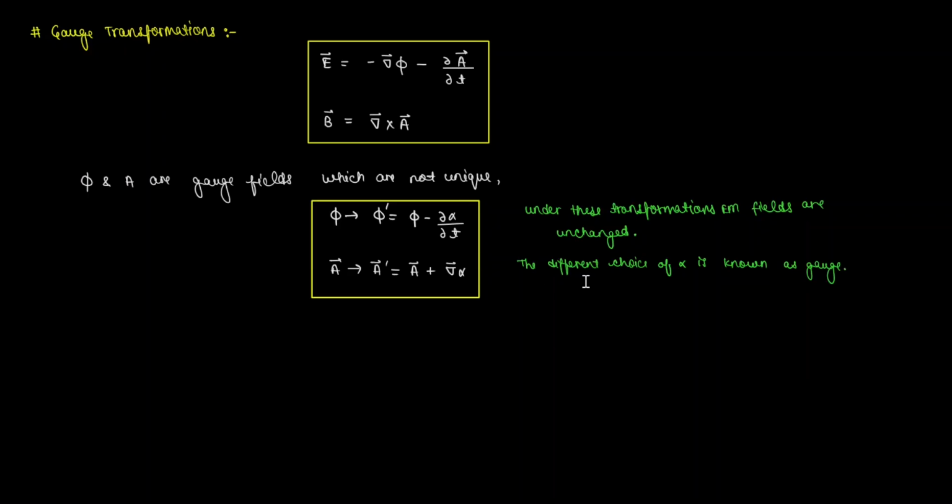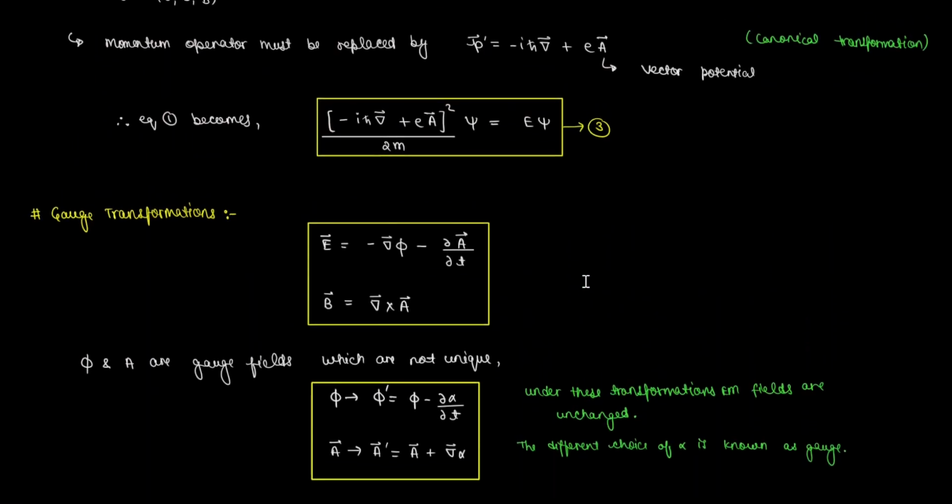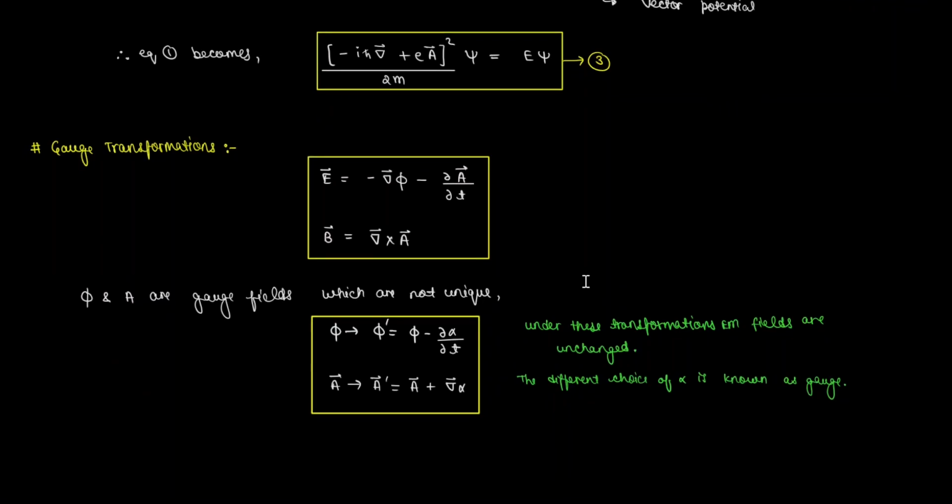As we have told you earlier also, that this equation 3 is difficult to solve, and you must choose a perfect gauge so that the electric and magnetic fields will be invariant under the transformations.